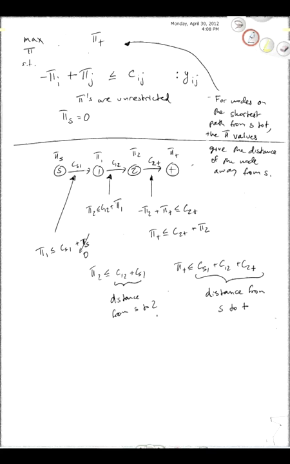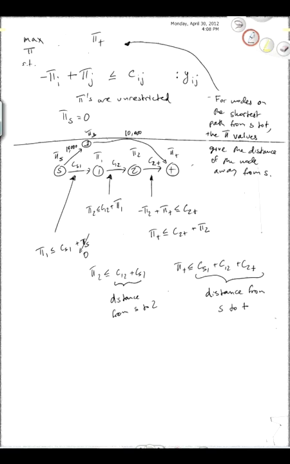But it's possible that maybe we have node 3 that is not on the shortest path. So maybe this has 10,000 length right there, and then 10,000 length right there.